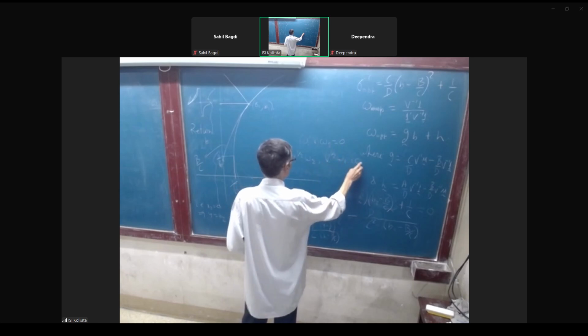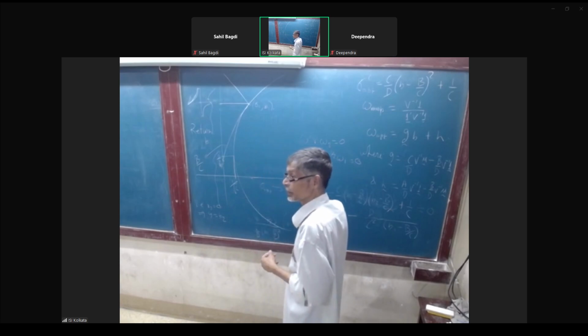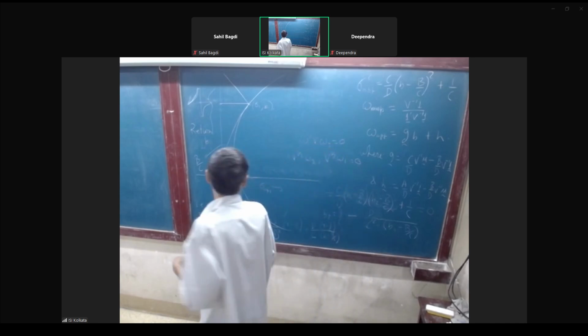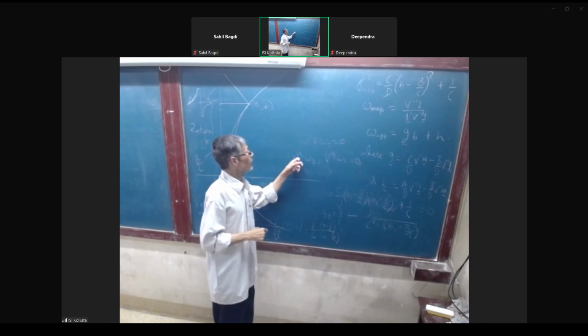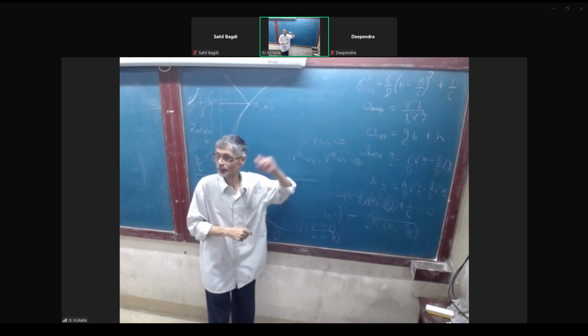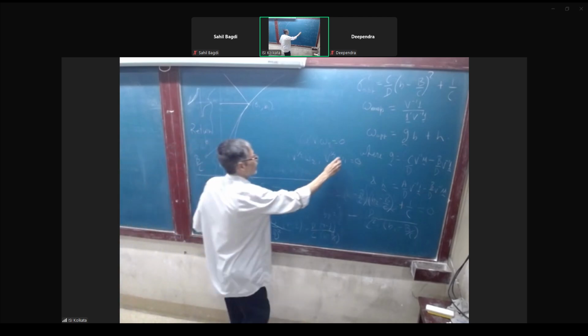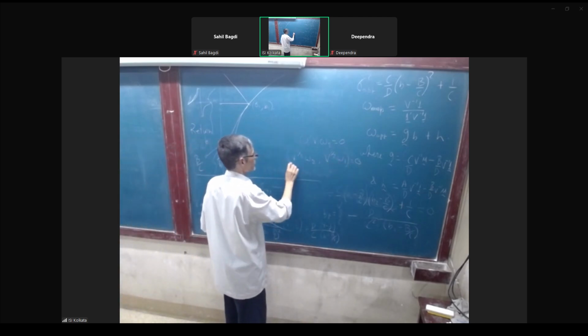These two vectors are orthogonal. So if you take the inner product between these two vectors, it is zero. So b to the power half, right?